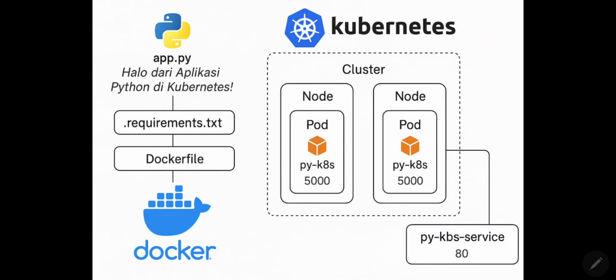Here you have Kubernetes and Docker. The function of Kubernetes is to manage services, and the function of Docker is to create the image container.